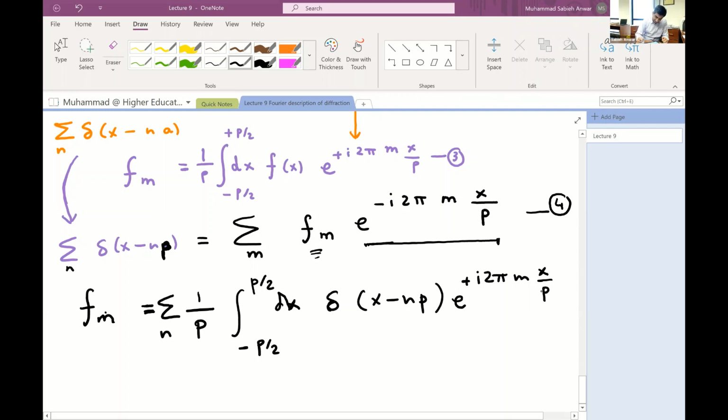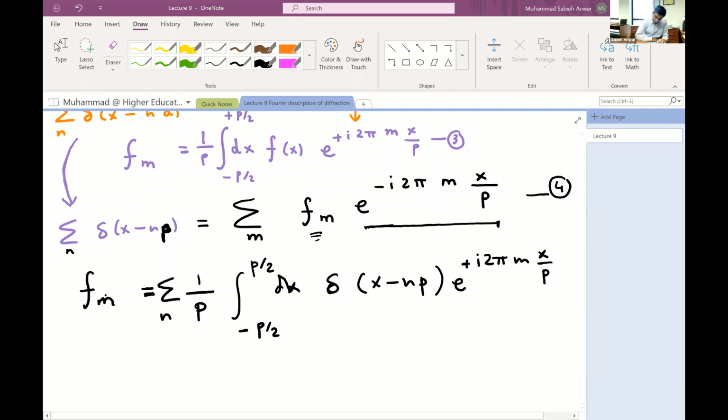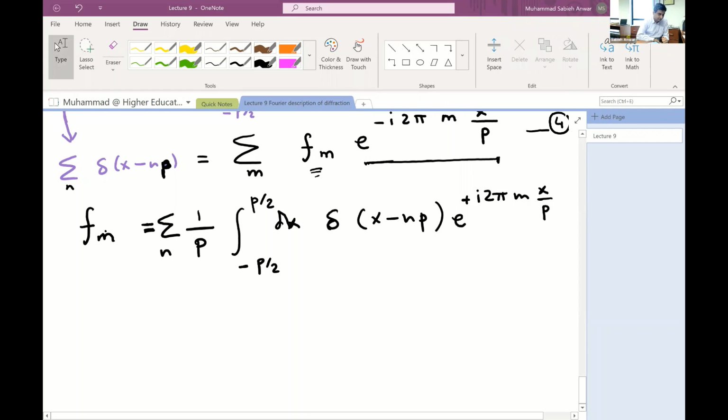All right, now what I would like to do is the following. How do I solve this integral?